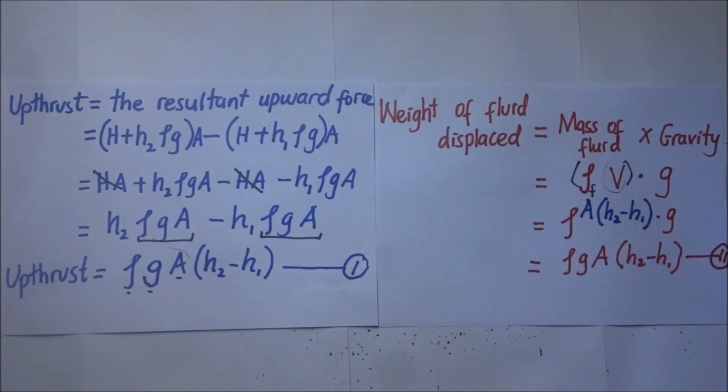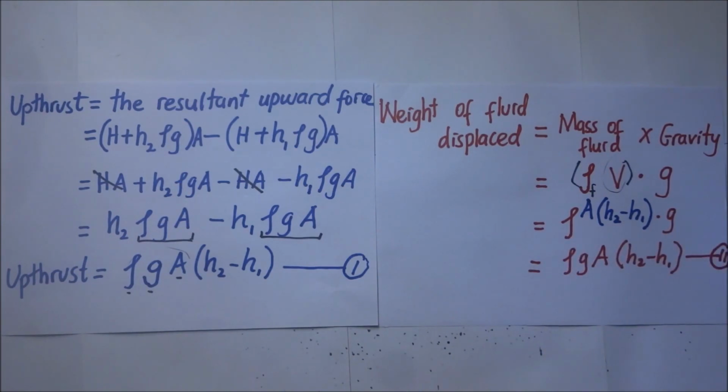The first expression we got was this. This is the upthrust. And then the other expression we are getting of the weight of the fluid displaced is looking like this. Now you realize that the expression for upthrust is the same as the expression for the weight of fluid displaced.